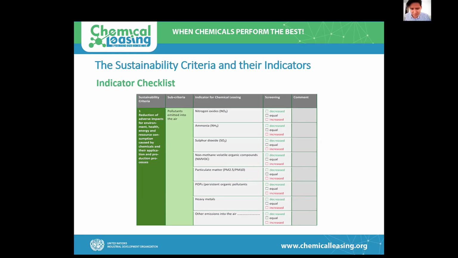And then you will have to check on these to see whether the implementation of chemical leasing had an impact on all the sustainability criteria previously mentioned. So, for example, you have a reduction of adverse impacts, and in your process, while implementing chemical leasing, you reduce the use of ammonia, you have to check whether you decrease this or not.